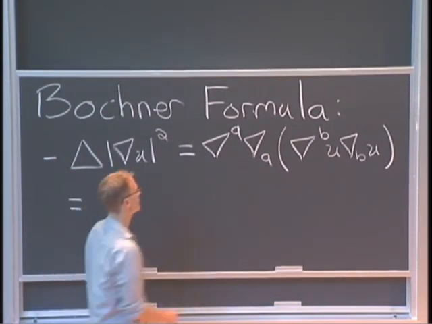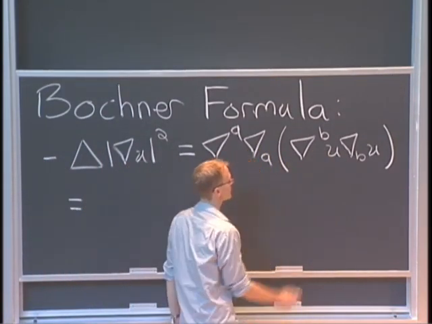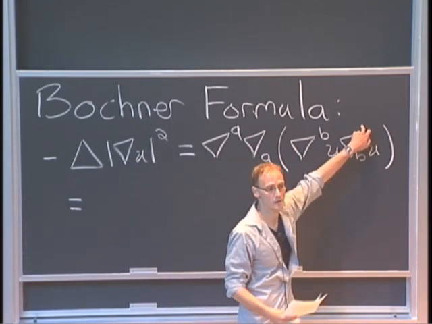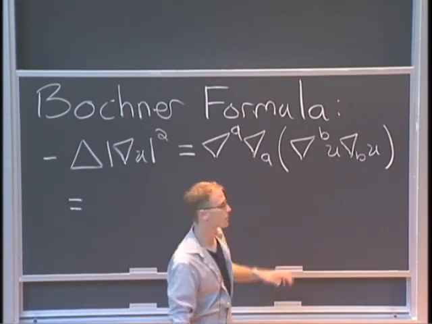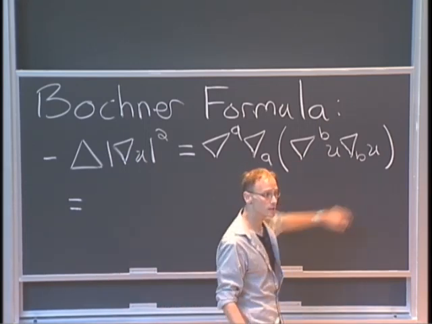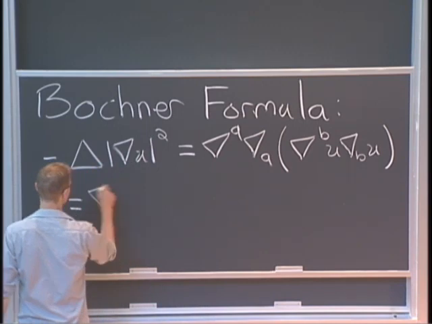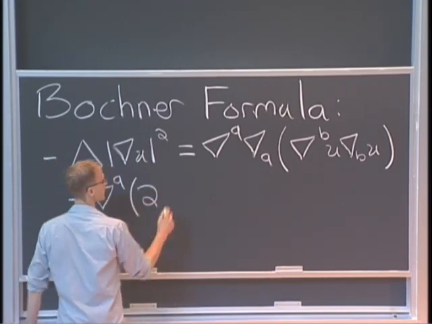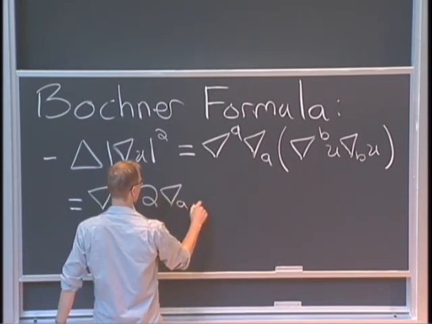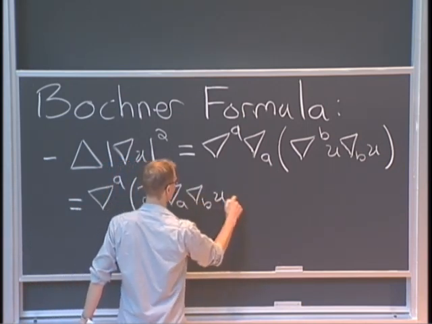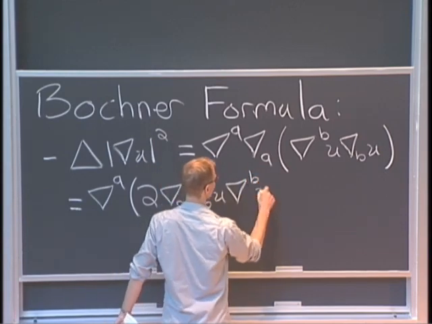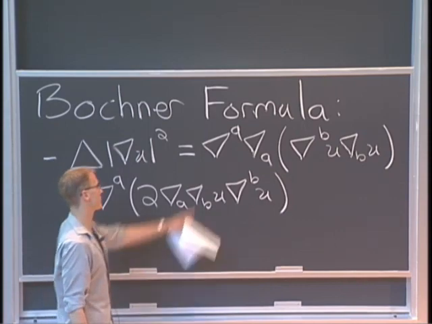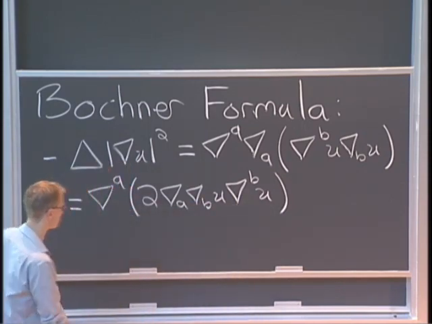Now what happens? We take our d_A in, and we hit two terms. These two terms are really the same. Remember, I can lower an index and raise the corresponding index, so there's no harm here. So hitting this term is the same as hitting this term. So really this is d_A of 2 times d_A d_B u d_B u. I just kept them both lower for the fun of it, but it doesn't matter. I could have raised that one, lowered that one, whatever.